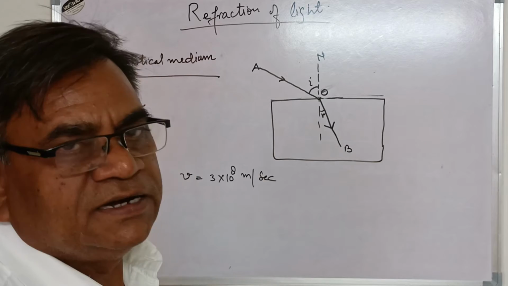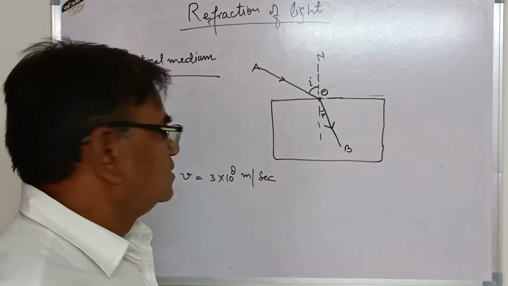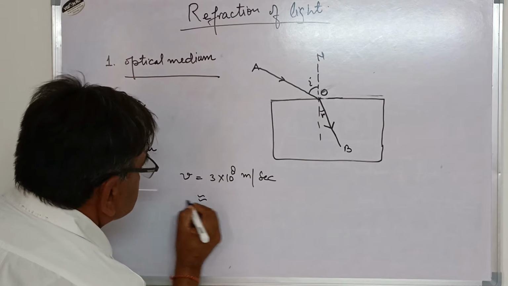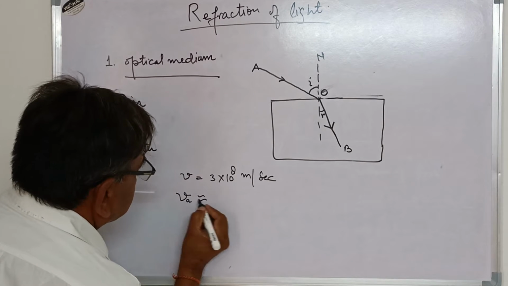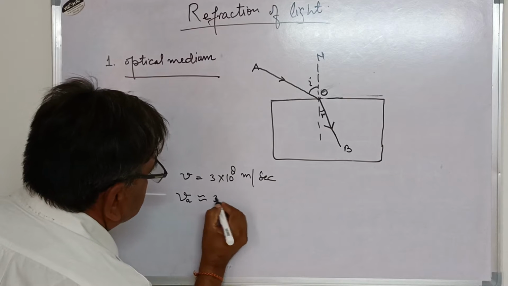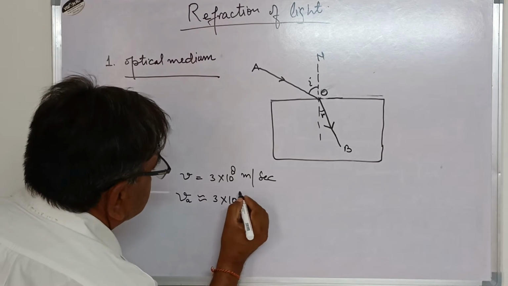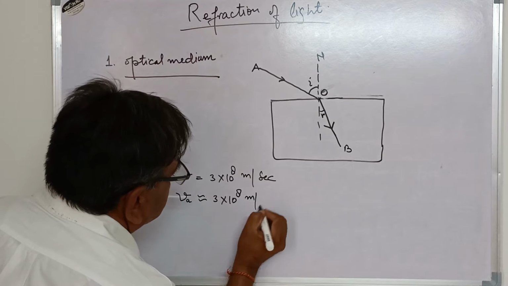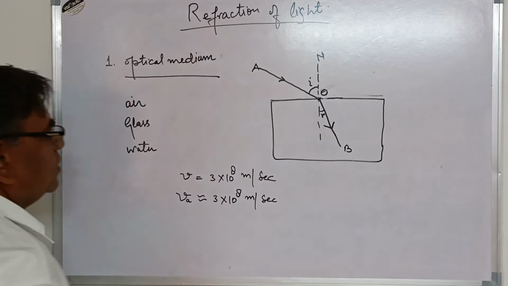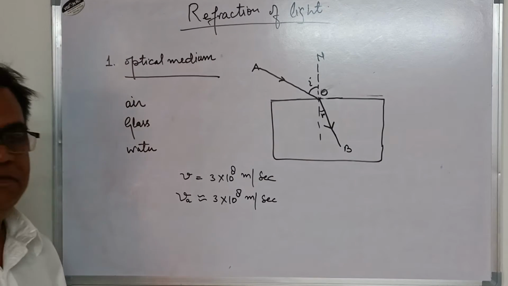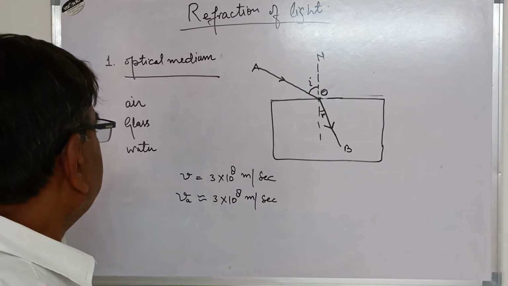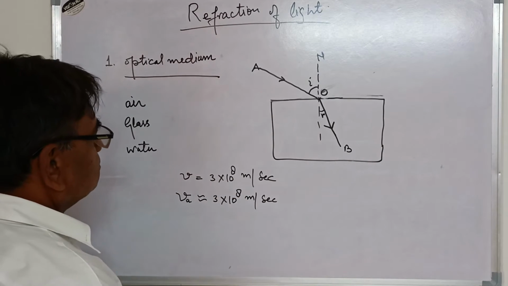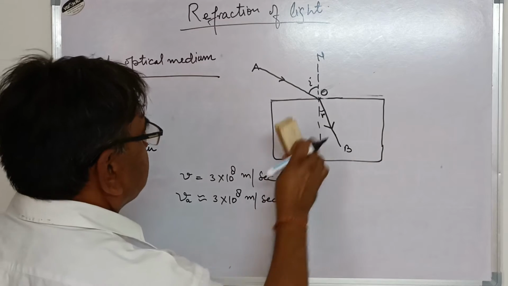The speed of light in air is more or less equal to this, a little bit less, but we take it equal to that of vacuum for the study of refraction. So in the study of refraction we will always talk about air, not vacuum.